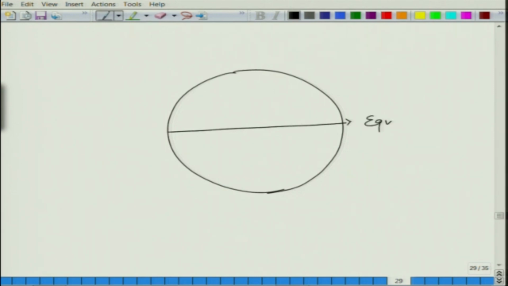This line is our equator, which is again a circle around the earth. Now, if we draw this normal to the equator, then the poles are, basically, if we say these are the poles, one is north pole, the other one is south pole, then what we get, due to this tilting angle, is two lines which are equidistant from the equator.